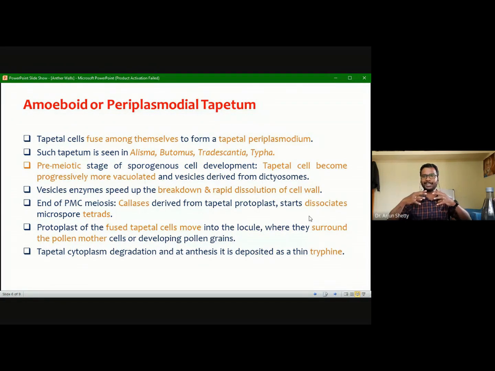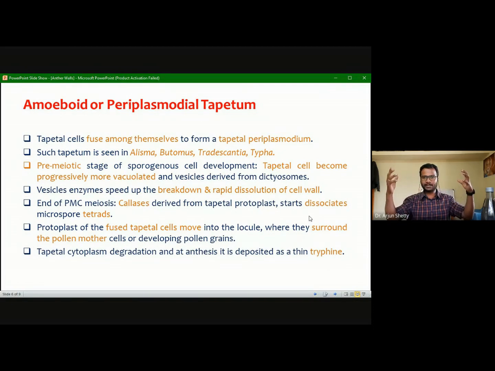Nothing but they increase their size. They are at the utmost development stage, and during that time we see the formation of vesicles as well as dictyosomes. These vesicles and dictyosomes together help in the production of specialized enzymes, and these enzymes help in the breakdown as well as the rapid dissolution of the tapetal cell wall.